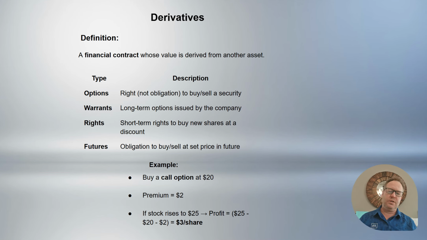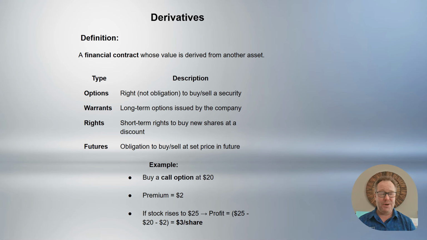Equities or stocks, those are common shares, preferred shares. That is ownership of the company. You are, as an investor, paying money to own a piece of the company. And then derivatives. Derivatives are simply a financial contract whose value is derived from another asset.